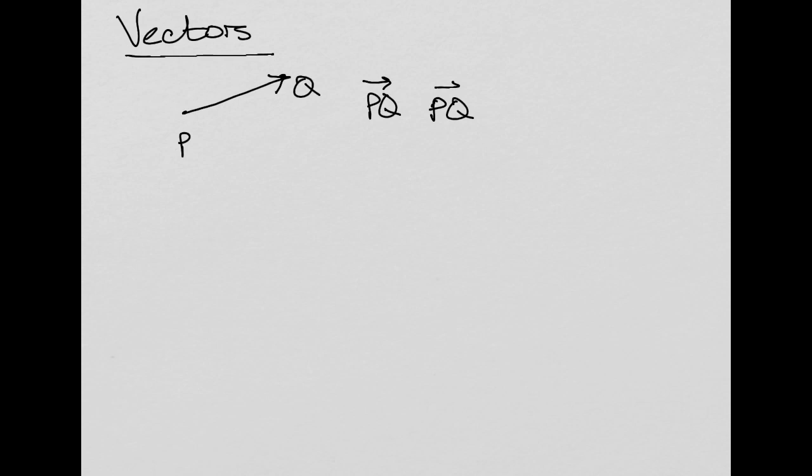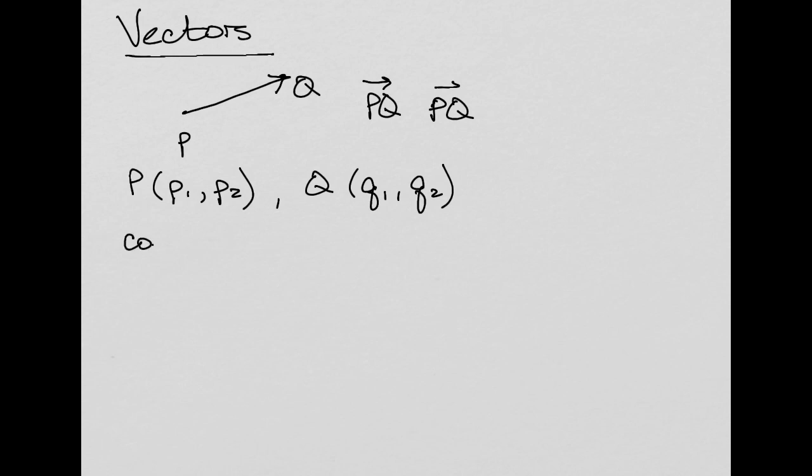Either way, vector PQ. If I have coordinates for the point P, we'll call them P1 and P2, X and Y, and coordinates for point Q, guess what we're going to call those, then I can come up with the component form of the vector PQ by subtraction.